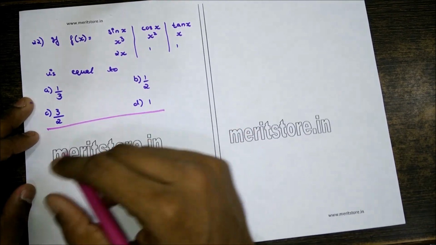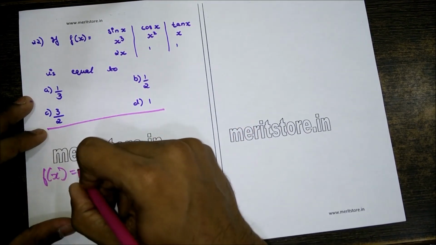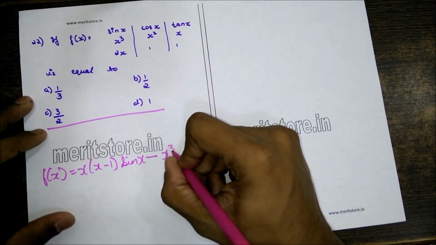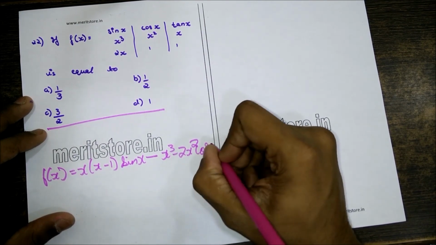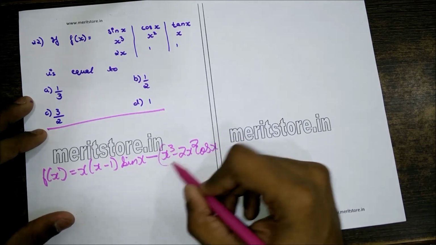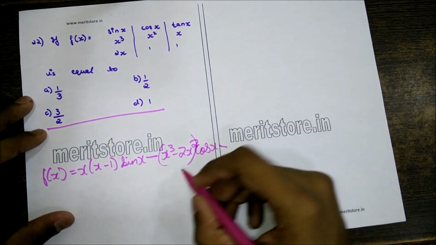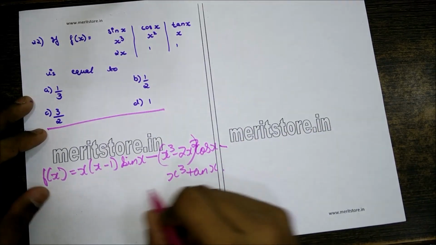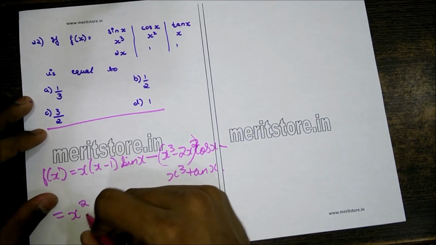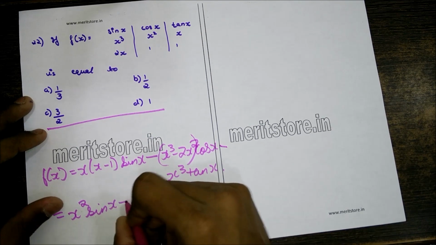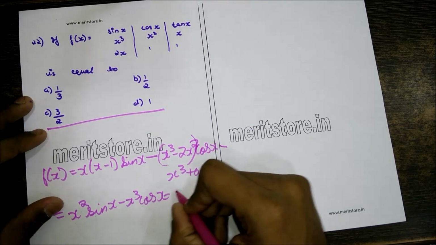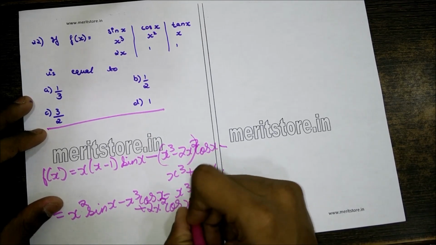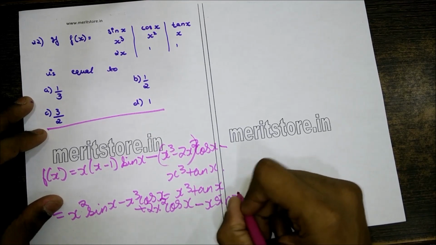So therefore we can write f of x as x into (x minus 1) sin x minus (x cube minus x square) cos x minus x cube tan x, which is equal to x square sin x minus x cube cos x minus x cube tan x plus 2x square cos x minus x sin x.